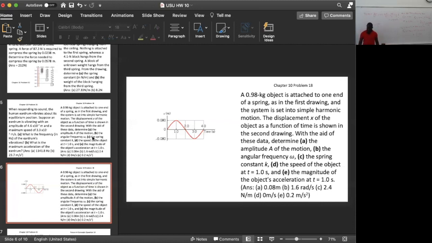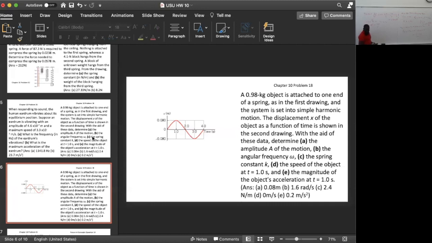The C, the spring constant, K. So omega is the same as square root of K over M. So K is omega squared M. Is that okay? So let's do that.